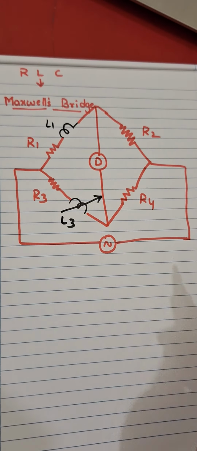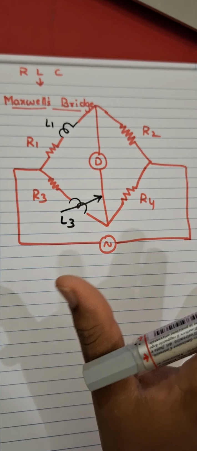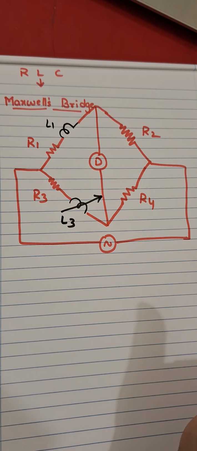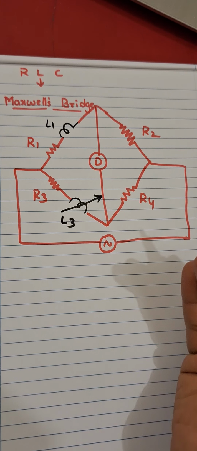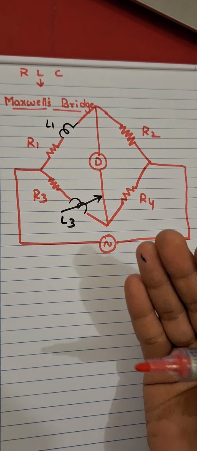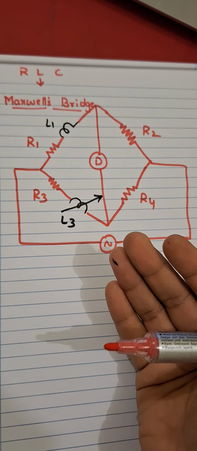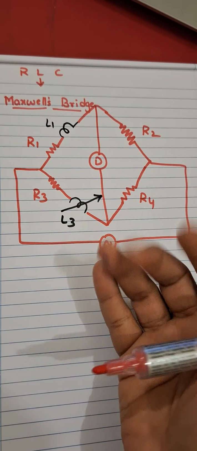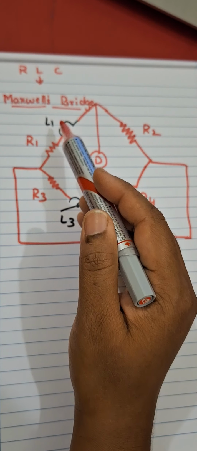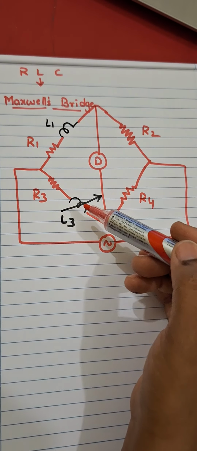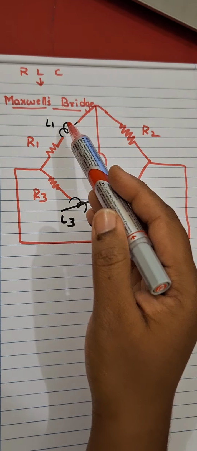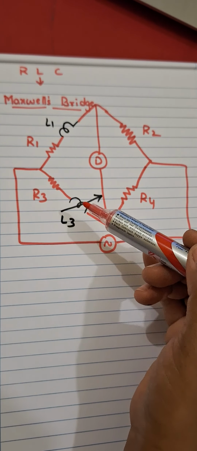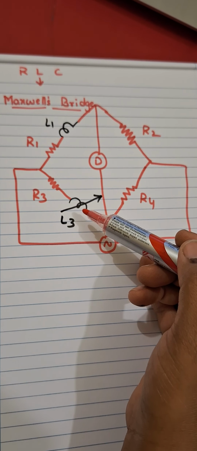So that's it. Okay, so now according to Wheatstone bridge, a bridge method, if you are having a bridge circuit, such a bridge circuit in which R1 is the unknown resistance and L1 is an unknown inductance, and this is a variable inductance.